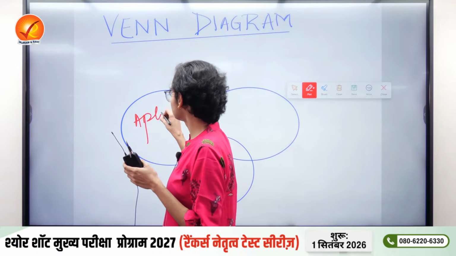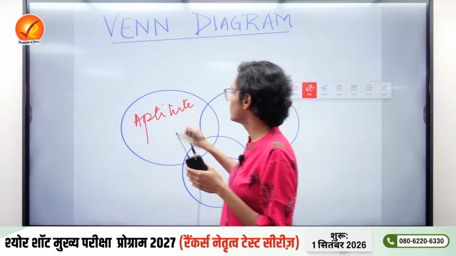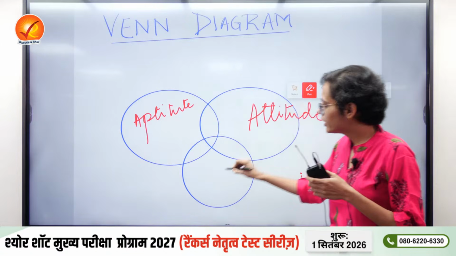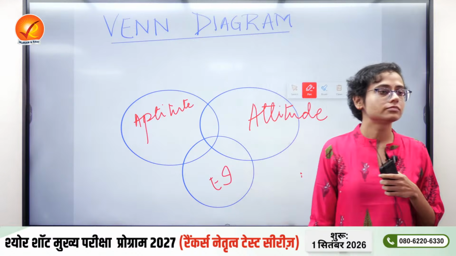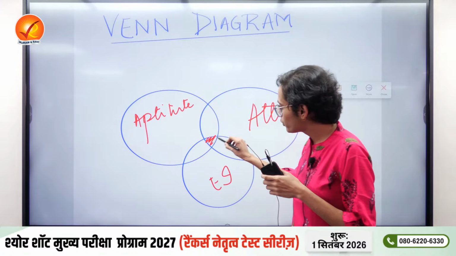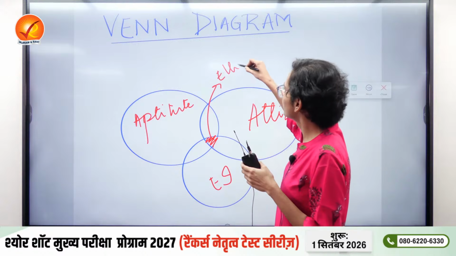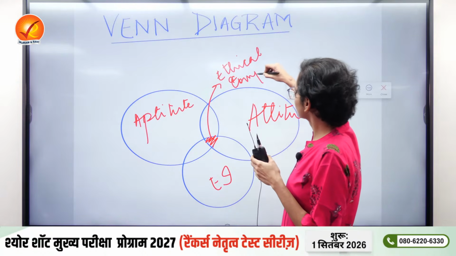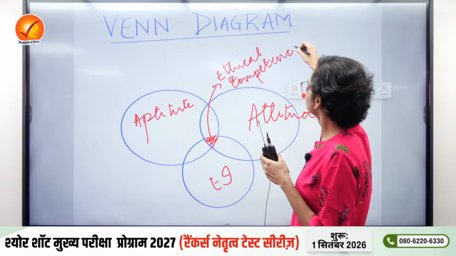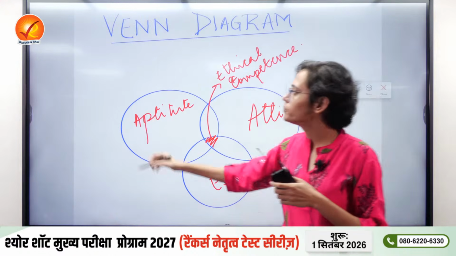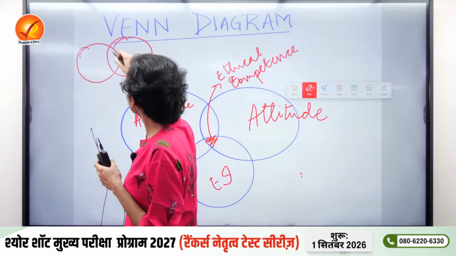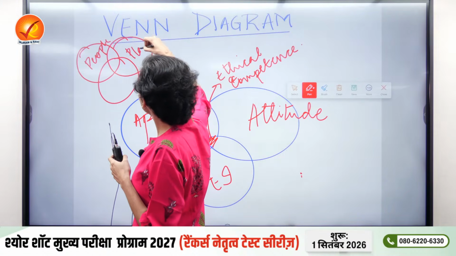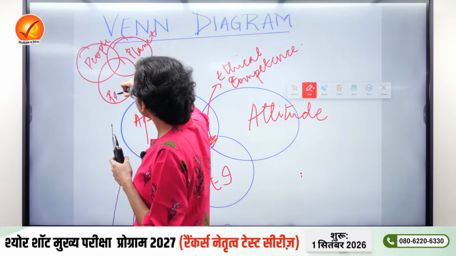aptitude and attitude and EI, and this particular portion will lead to ethical competence. Or people, planet, profit.